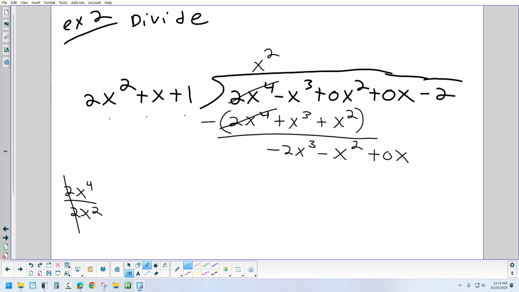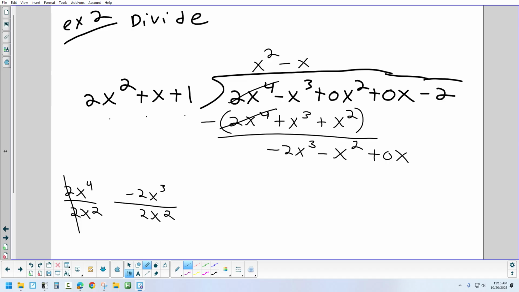All right, now off to the side: negative 2x cubed divided by 2x squared. What's that going to give me? Negative x.